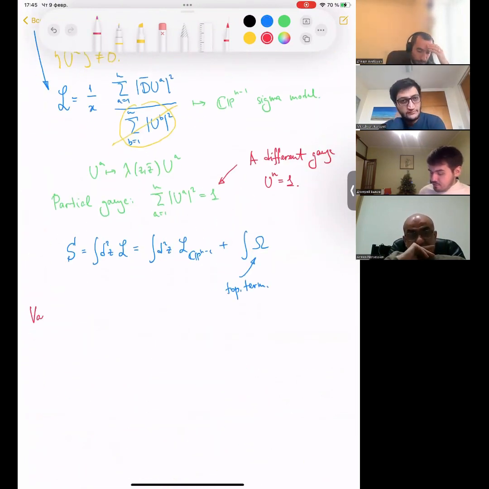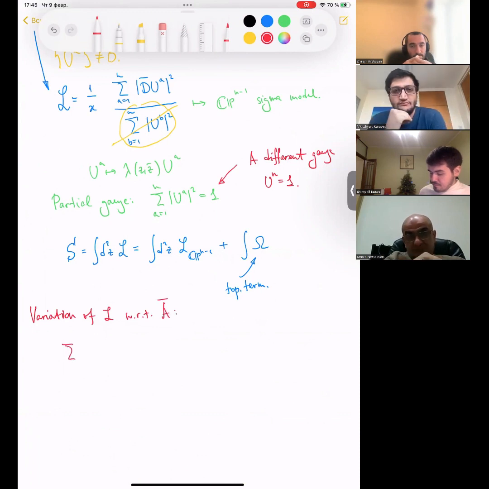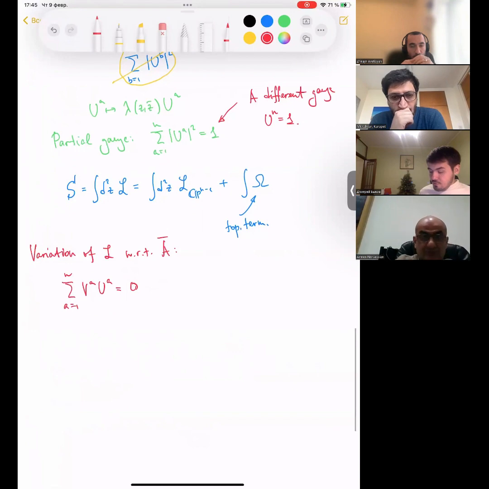So variation. Now you could set U_N equals 1. This is the gauge.